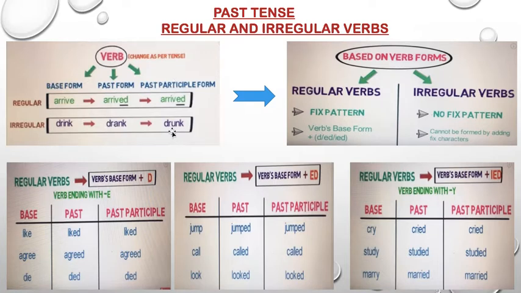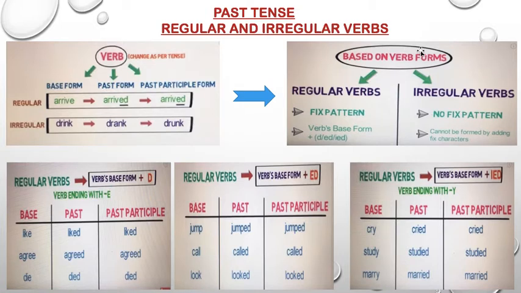For regular verbs, there is a basic rule that we will be adding ed to the base form of the verb. But for irregular, there is no certain rule like adding anything to the base form. The base verb will differ from the past form, and the past form again will differ from the past participle form.